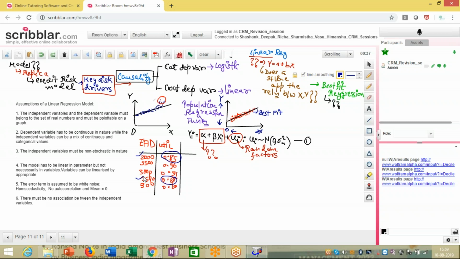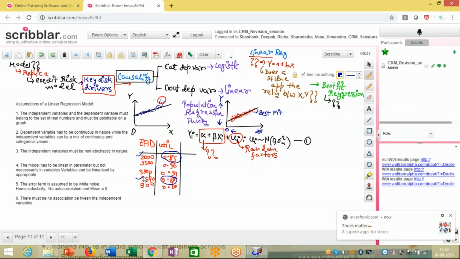Now the utilization variable itself is an independent variable. So if I try to predict this relationship between utilization variable and EAD, EAD has its distribution, utilization also has its distribution. So I'm predicting one stochastic variable basis the other. Makes no sense. So in order to predict EAD, I need to have x's which are not stochastic. So what do I do?